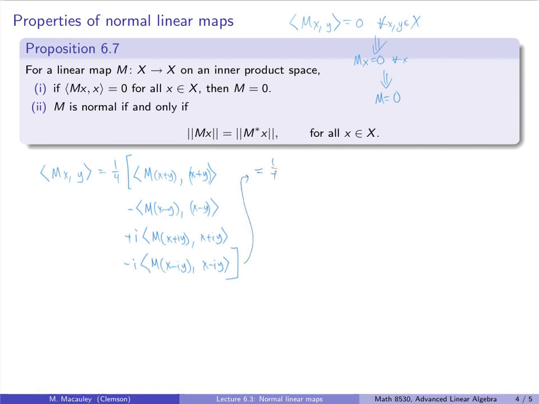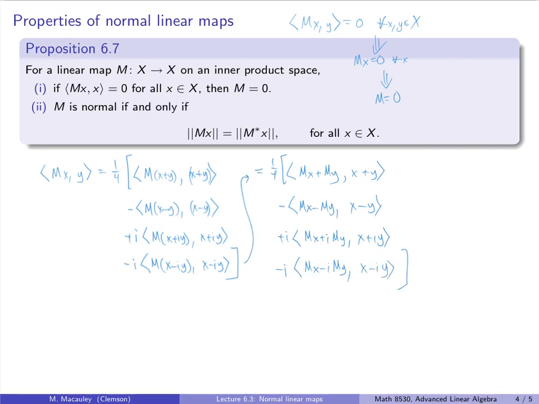Let's see, 1/4. I'll simplify a little bit. So this is going to be (Mx plus My) dot (x plus y), and you could break that up into 4 parts, minus (Mx minus My) dot (x minus y), plus i times (Mx plus iMy) dot (x plus iy), minus i times (Mx minus iMy) dot (x minus iy).